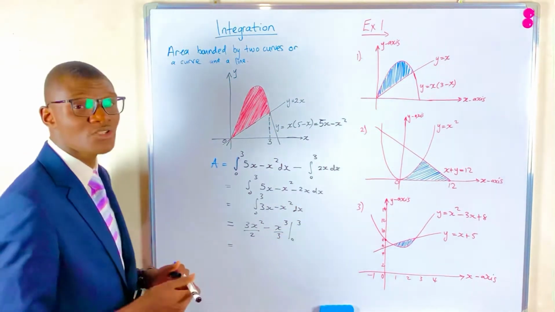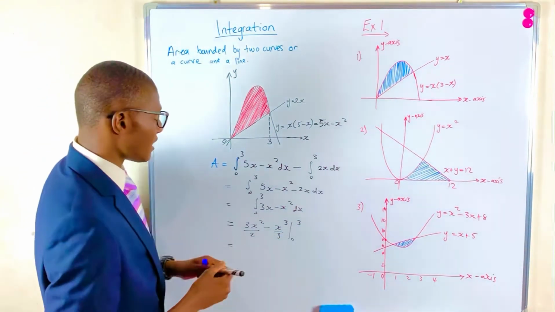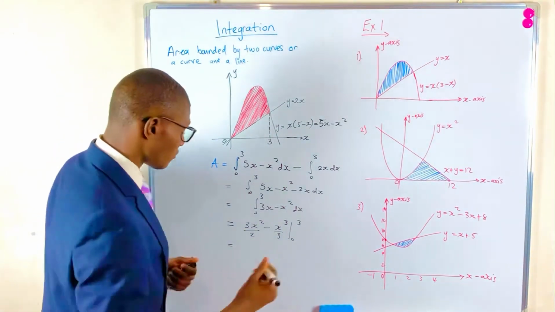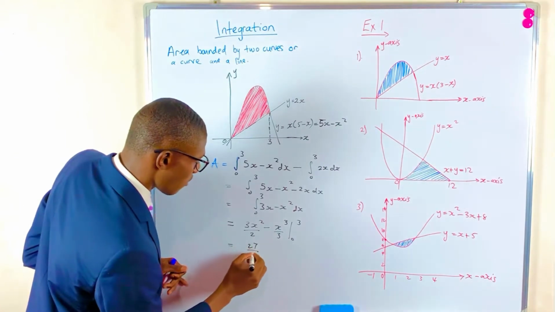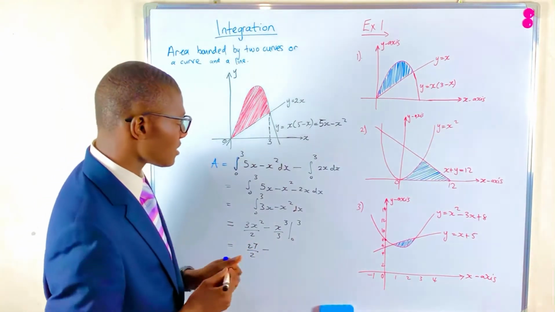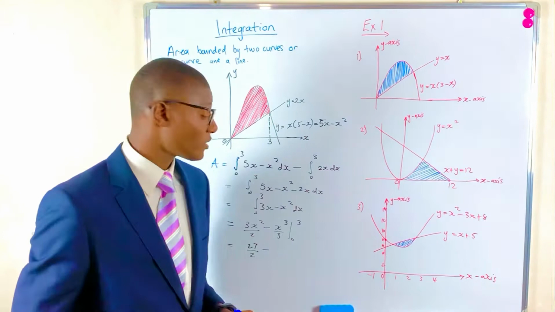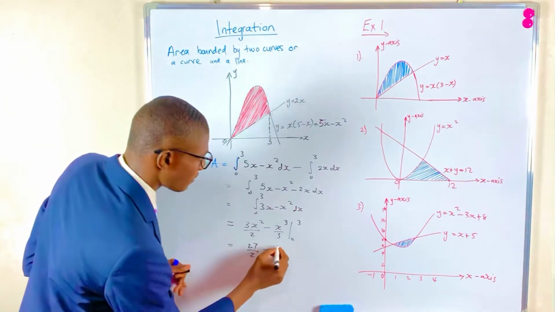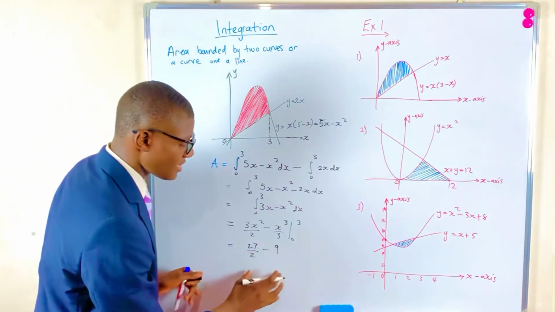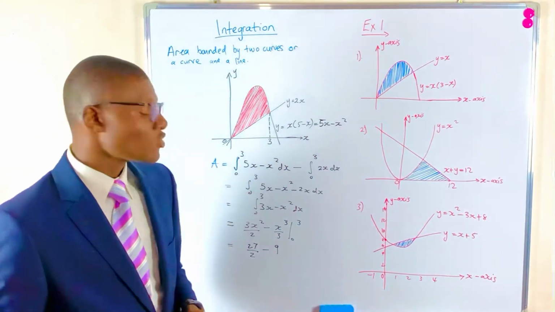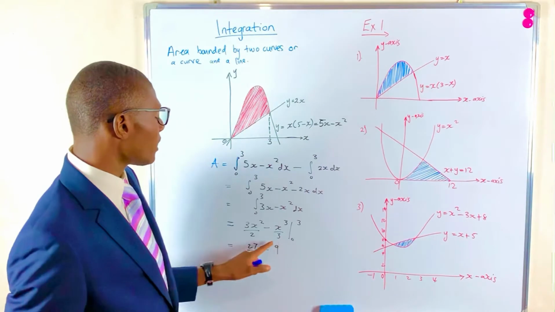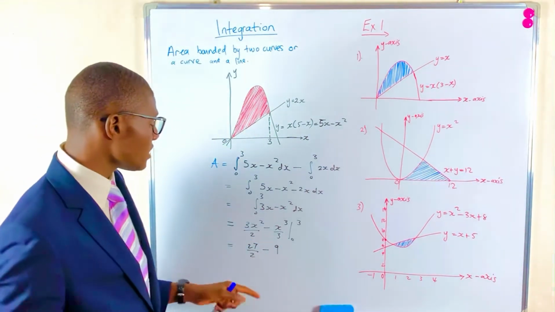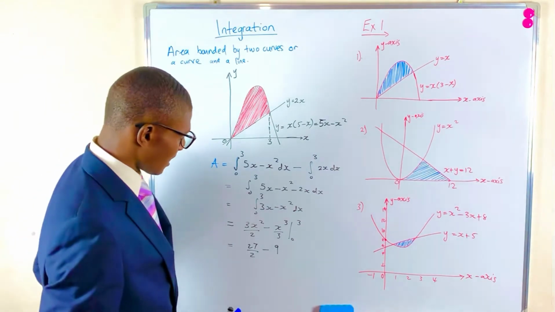Now substituting the limits: 3 times 3 squared, that's 3 times 9, which gives us 27 over 2, minus 3 to the power of 3 over 3, which is 27 over 3, giving us 9. This is for the upper limit. Minus the lower limit, substituting 0, we still get 0. So we're saying 27 over 2 minus 9.